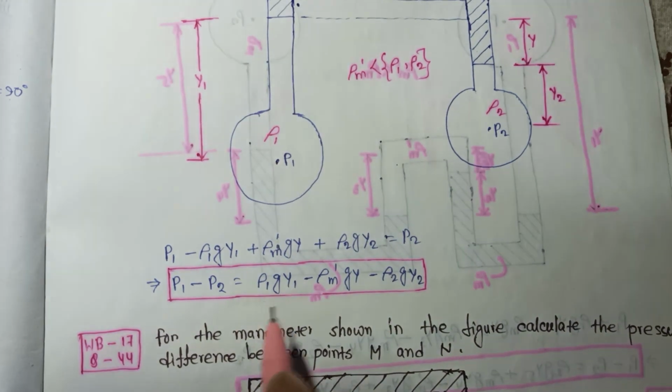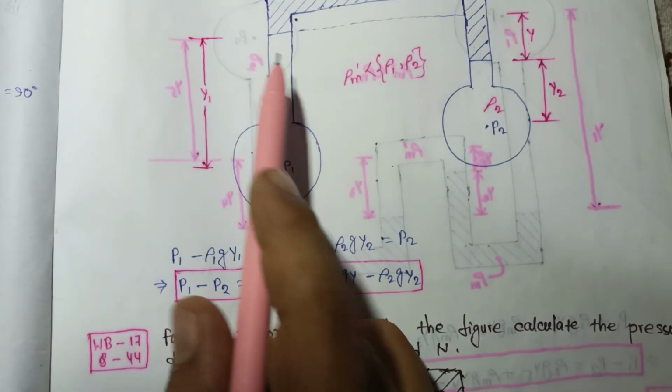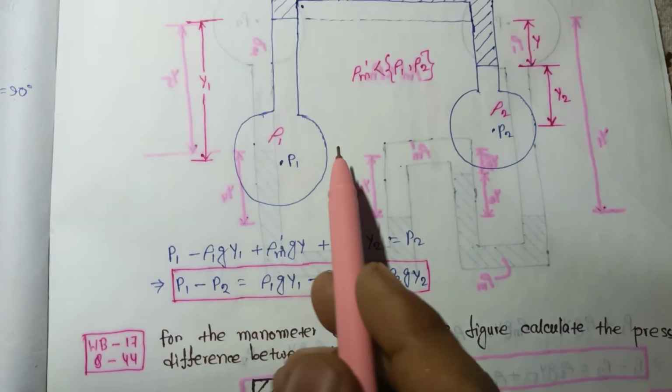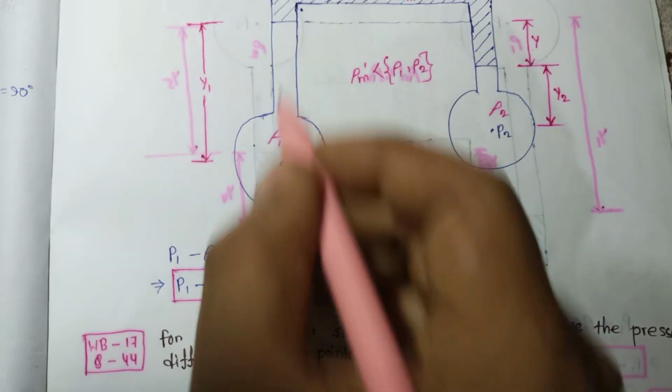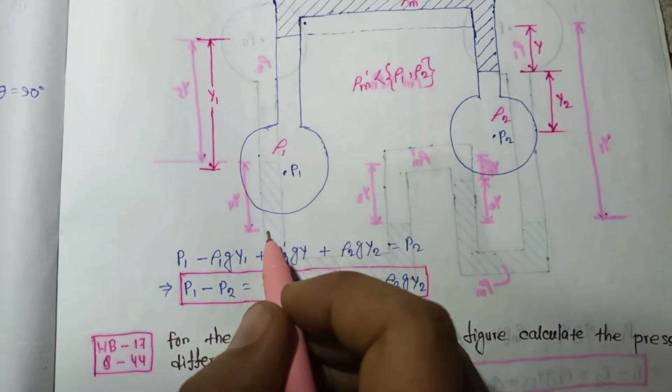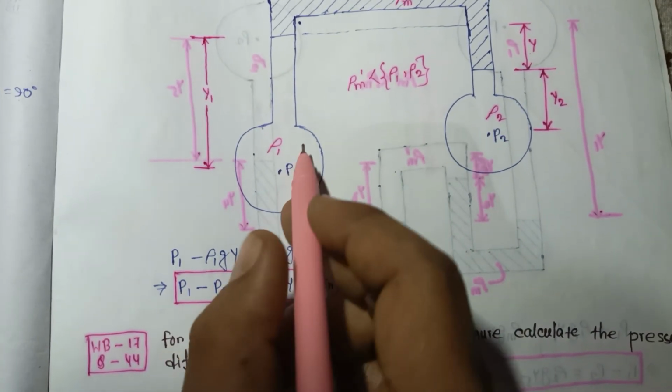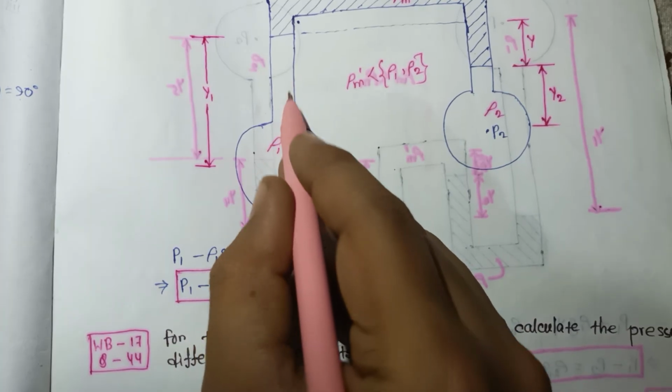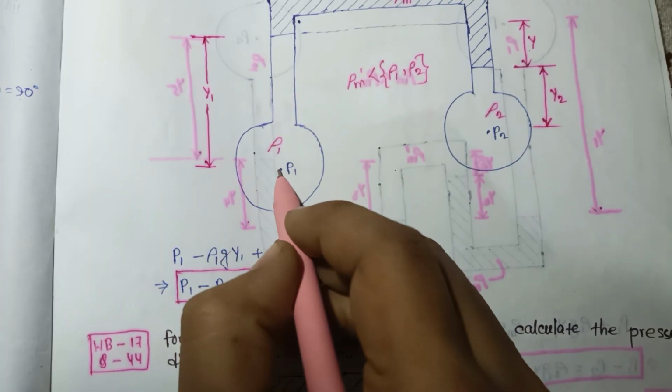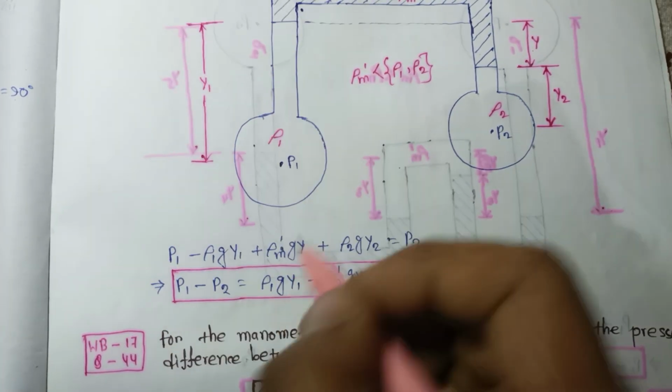P1, going upside, so there is a minus: P1 minus rho 1, the density of this fluid, into g into the distance y1.